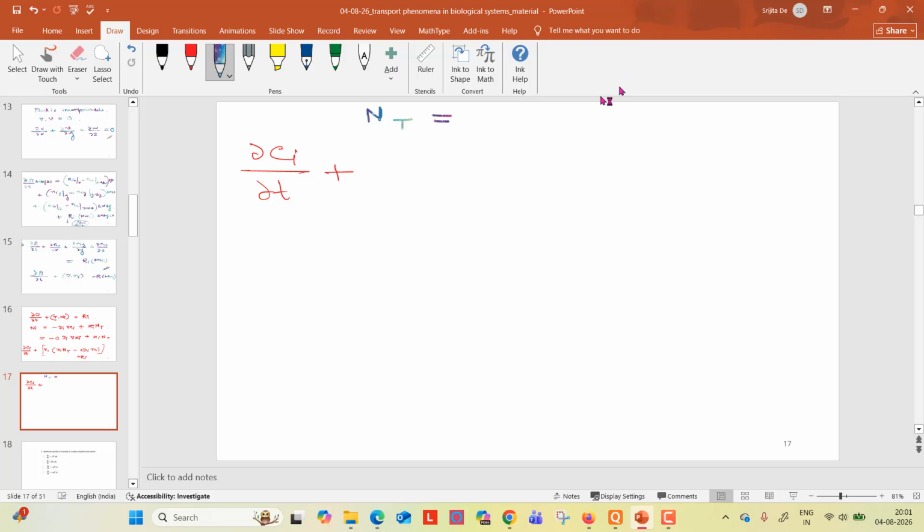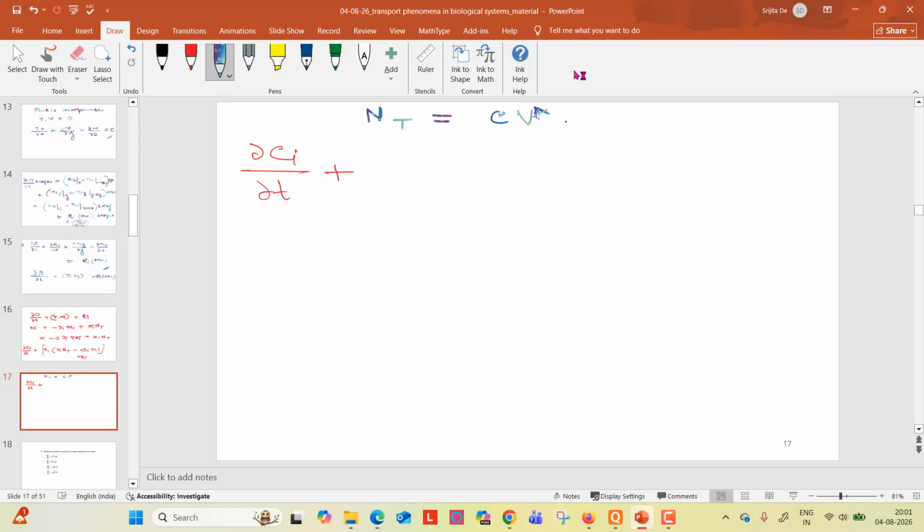So Nt is C into V, right? C is the bulk concentration, V is the average velocity, the molar average velocity, or you can write V star. V star is the molar average velocity, right?